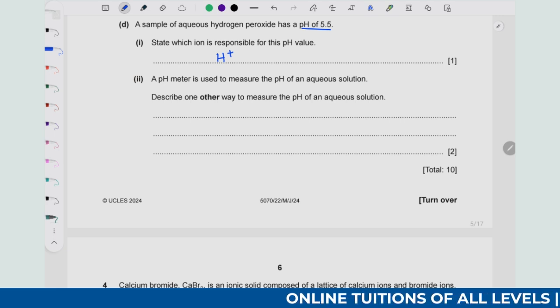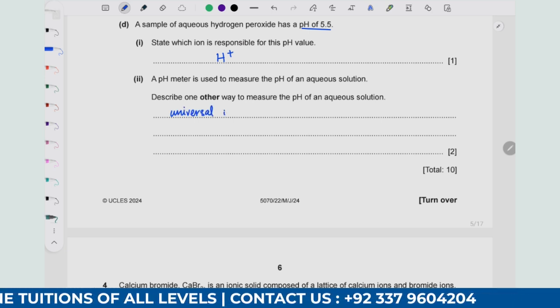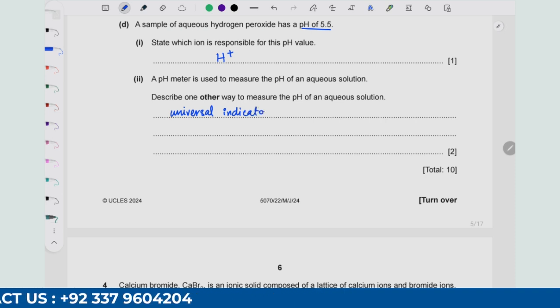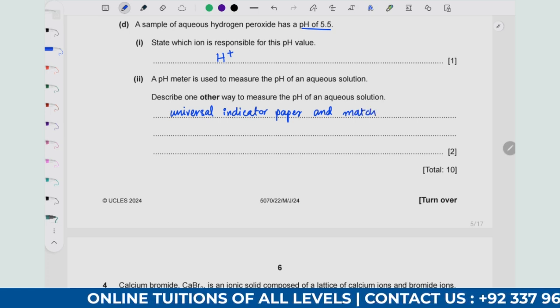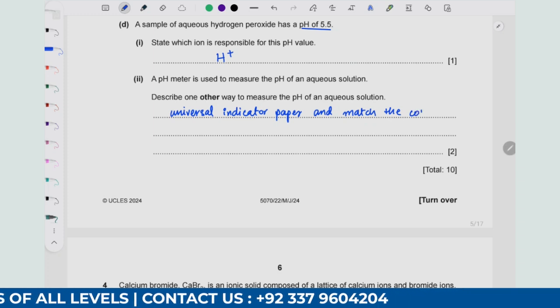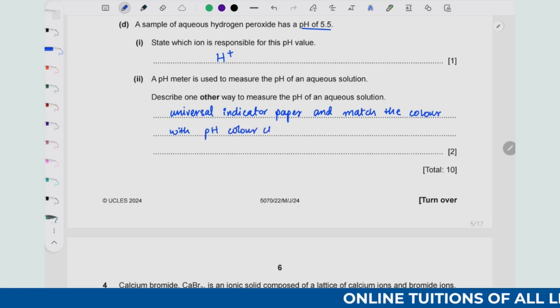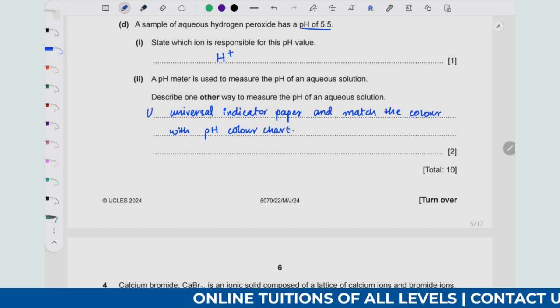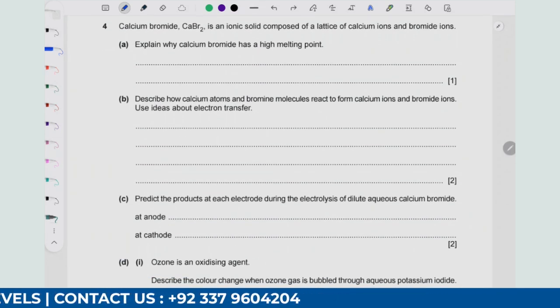So we can use universal indicator paper and match the color with the pH color chart. Clear? Moving to our next question.